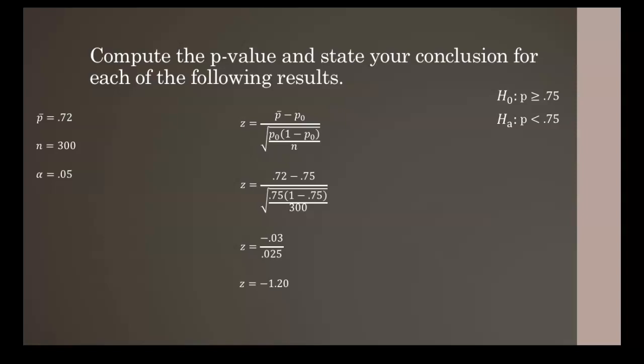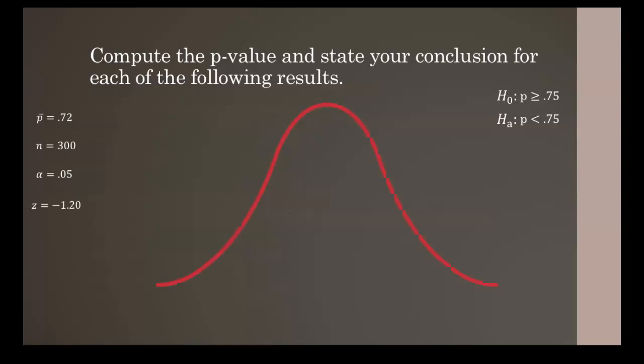Again, we're going to use this z-score, this test statistic, to now find our p-value. So we draw the bell curve, and we put our z-score of negative 1.20 on this bell curve. We'll now take a look at the alternative hypothesis. Notice the sign is pointed to the left, meaning it's a left-tailed test.